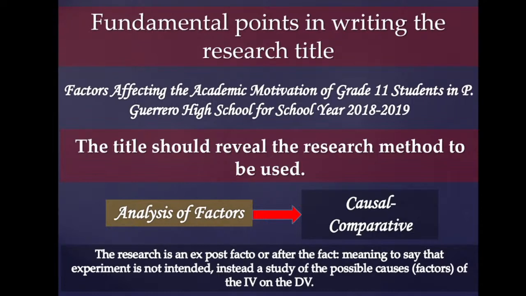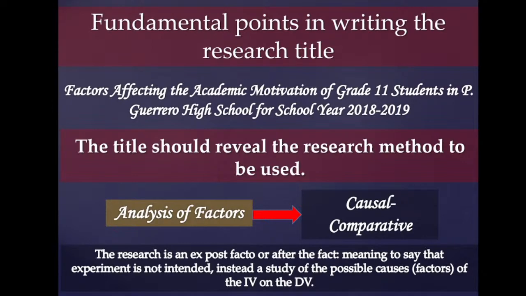Since this is about analysis of factors or the discernment of the effect of the independent variables and not the manipulation of the independent variables to have an effect on dependent variables, this study can be labeled as a causal comparative study.